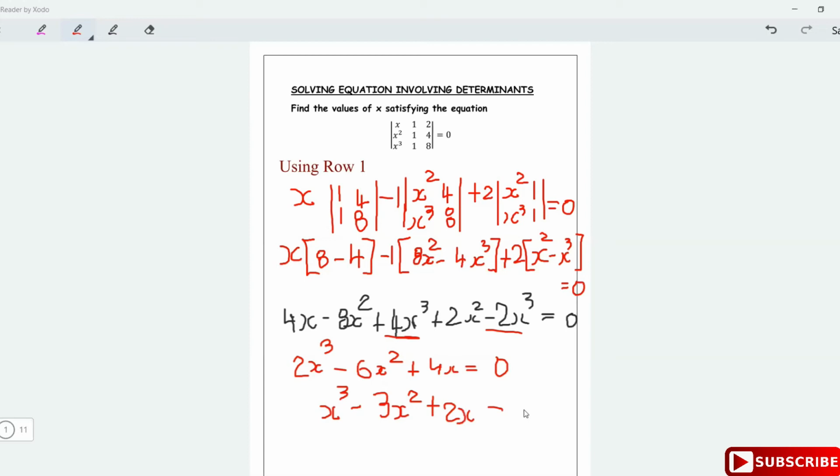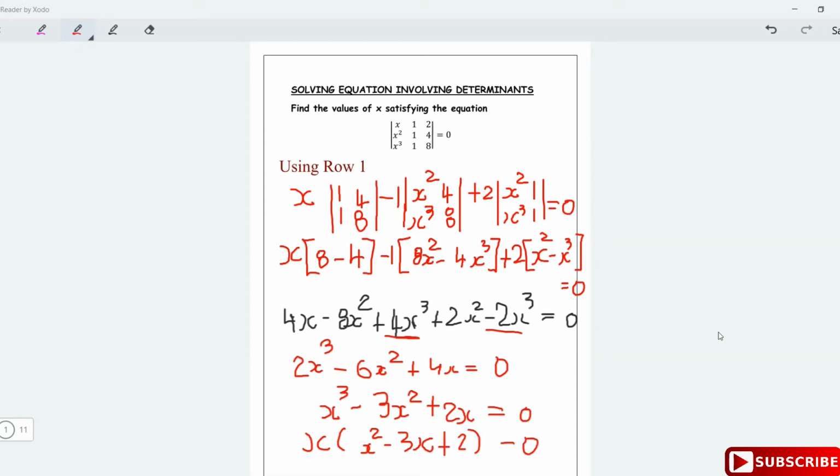All we have to do now is factorize first. We can factor out x, leaving x squared minus 3x plus 2. Let me not get ahead of myself. That's what we're left with, equals 0.